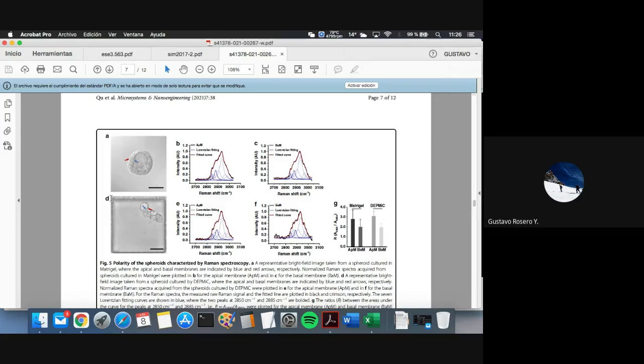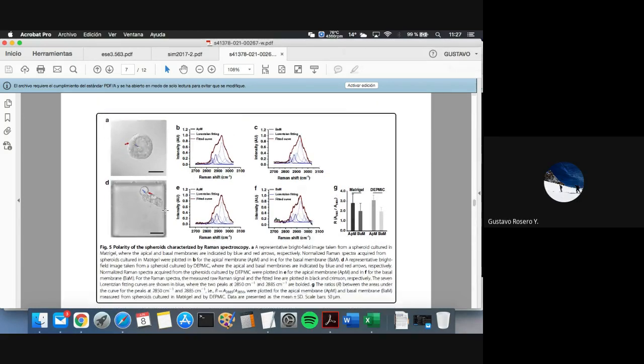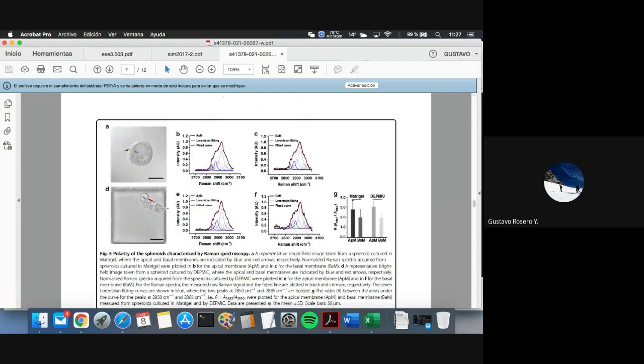But in this double emulsion, they found that this polarity is random, but they don't find a difference between Matrigel and this double emulsion. They use another technique, immunofluorescence, in order to get this polarity, but they also don't find much difference in these cases. For this reason, this is unclear.